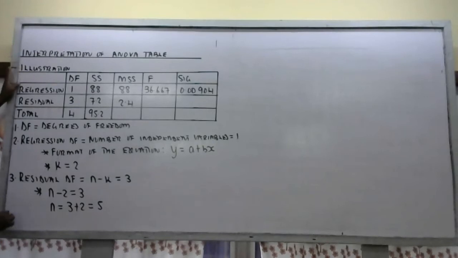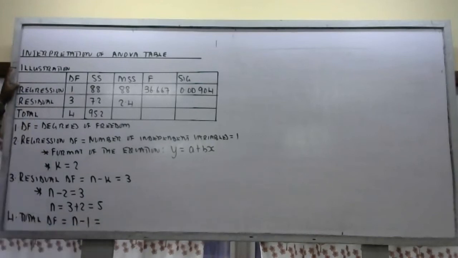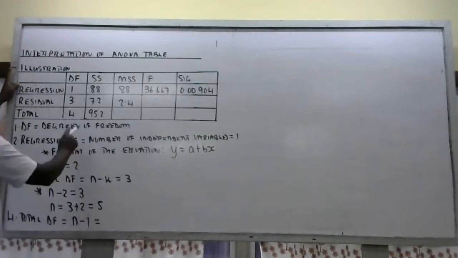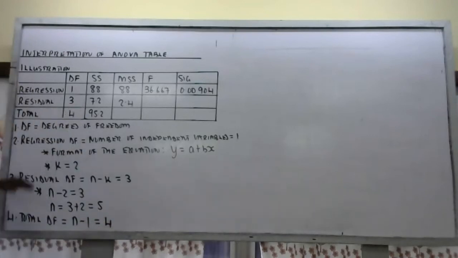Point number 4 is called total DF. Now, total DF is given as n minus 1. So this is 4.